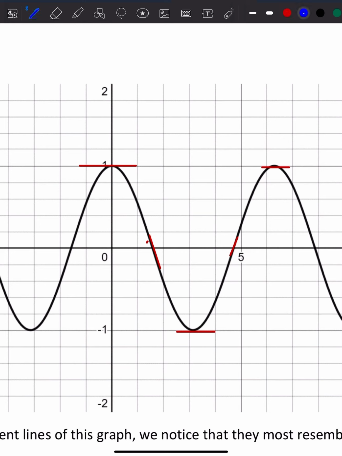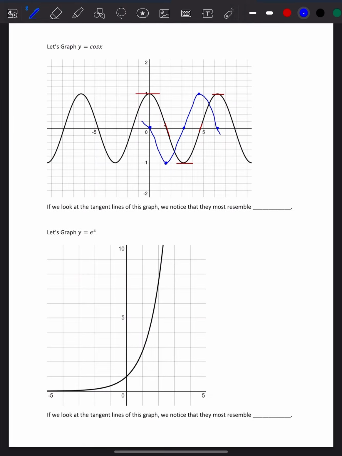So if I were to plot these, a slope of 0, a slope of negative 1, a slope of 0 again, positive 1, and back to 0. And this one's interesting because we want it to be sine, and it is sine, but sine normally starts in the middle and goes upwards. This time we're going middle and going downwards, which is why it most resembles negative sine.